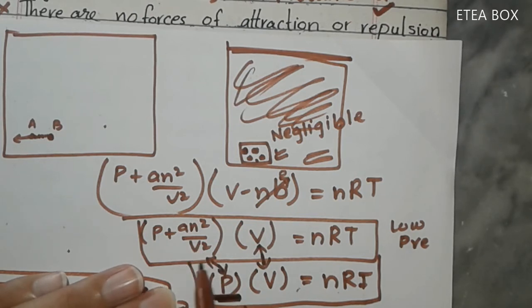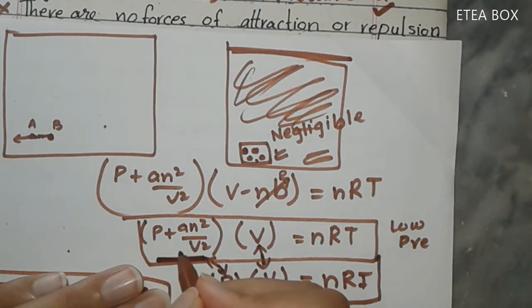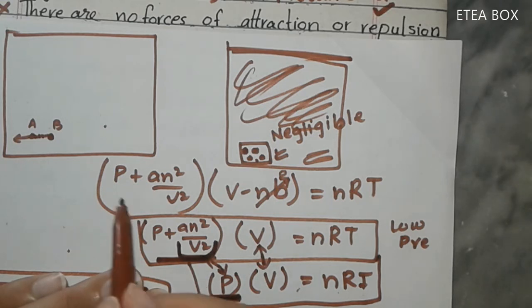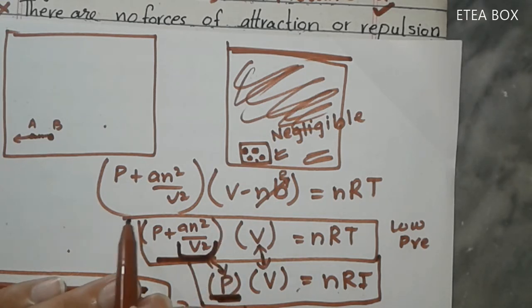So what will happen at low pressure? The kinetic molecular theory needs correction in the pressure. This term represents intermolecular forces. So at low pressure, the ideal gas equation needs correction only in pressure.